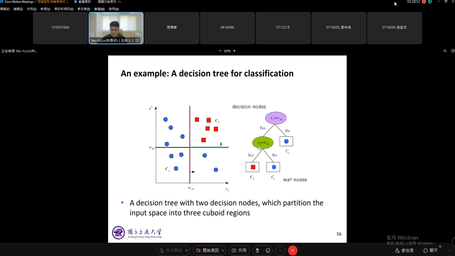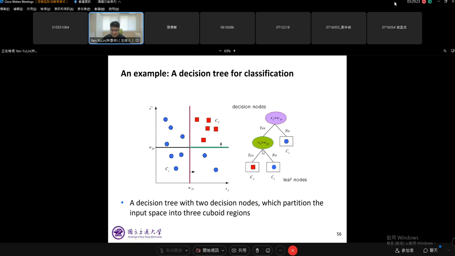So this decision node considers the decision function x2 larger than some threshold W20. It considers the second dimension with a particular threshold, so it further splits this region into two subregions, above the threshold and below the threshold.